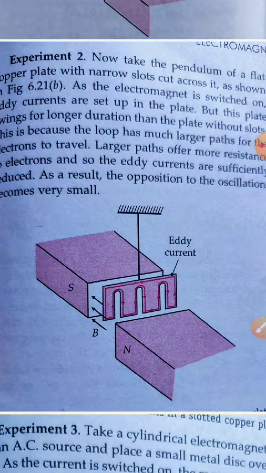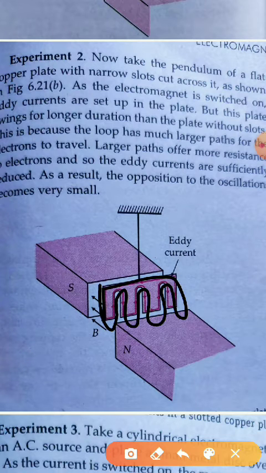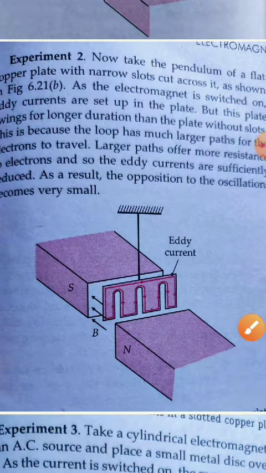When slots are being cut, then induced current has to travel over longer distances. Now here current has to travel a longer path. So resistance will be high, hence eddy current gets reduced. So oscillation will not die out very soon.